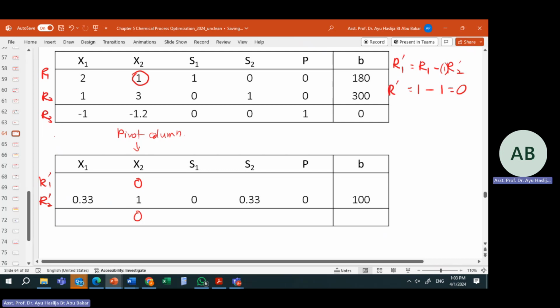So R prime 1, 2, row 1, column 2, equals 0.